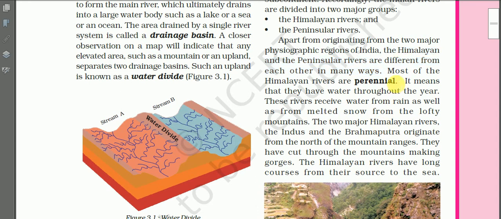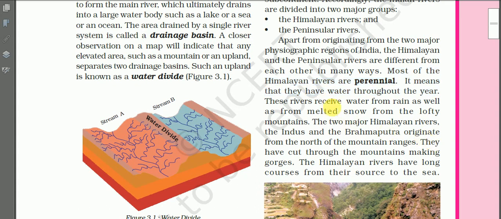So the first point of difference is here. Most of the Himalayan rivers are perennial. Perennial means they have water throughout the year. Most of the Himalayan rivers have water throughout the year, and hence the Himalayan rivers are perennial. Okay, perennial means continuous flow of water is there.